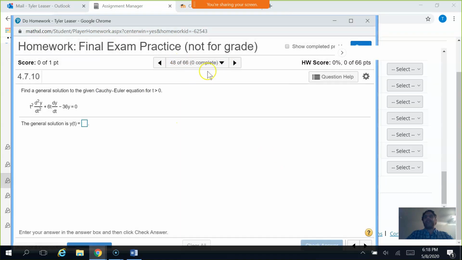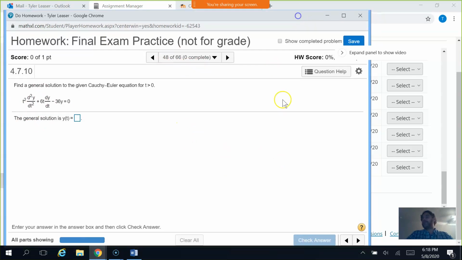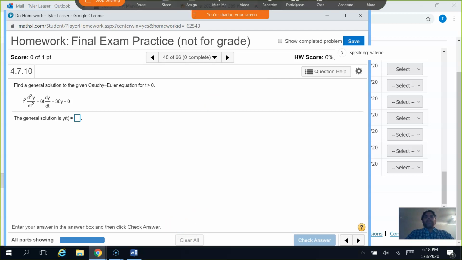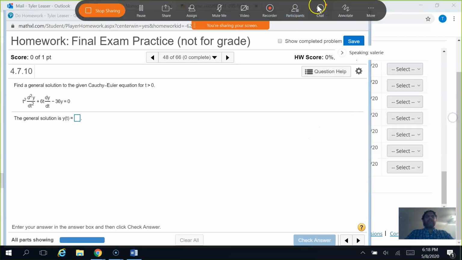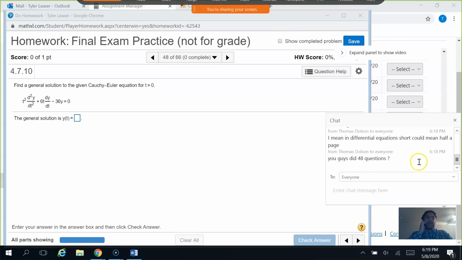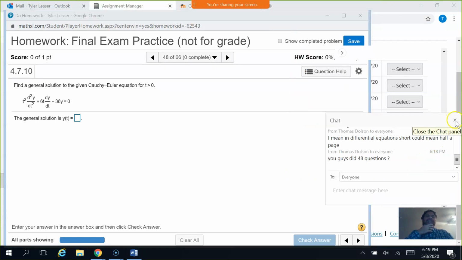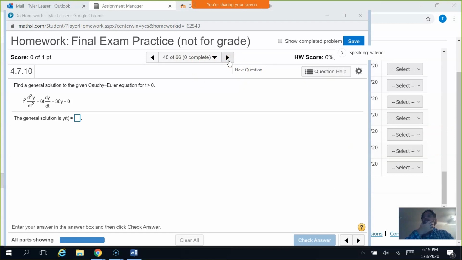I think we made it up to 48 last time. Sort of. I just kind of arrowed through most of them. Out of the 47 or so that we went through, I think I actually solved maybe 15 to 20 of them, because there's so many on this practice one that are pretty identical.